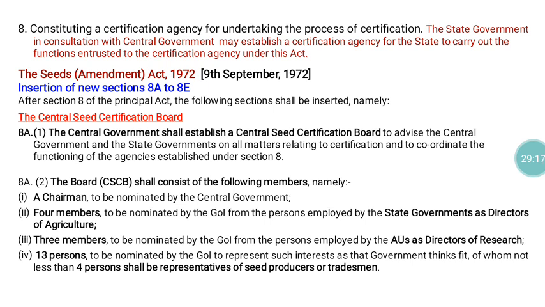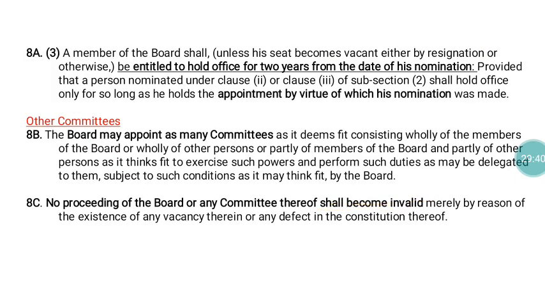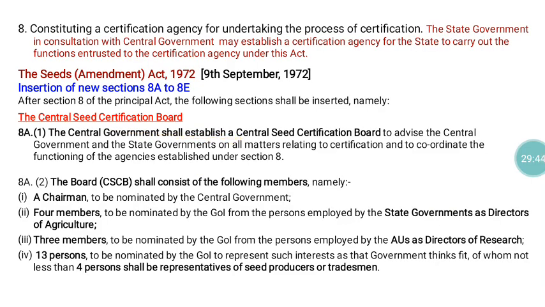Through this amendment, they inserted 5 new sections, 8A to 8E: 8A, 8B, C, D, E. Out of these 5 sections, in 8A itself they introduced 3 subclasses: 8A1, 8A2, 8A3.